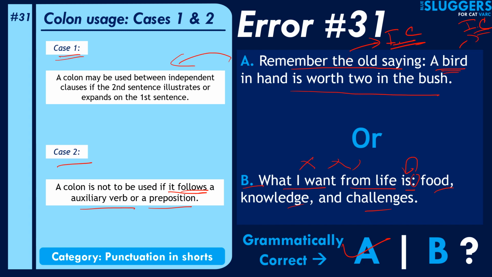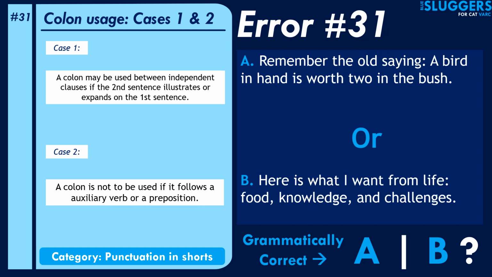Rather, if you wanted to convey this idea by the use of a colon in the sentence, you could have done it in a different manner. For example, you could have said, here is what I want from life. So this ends here, and then you have the colon, and then the list starts: food, knowledge, and challenges.